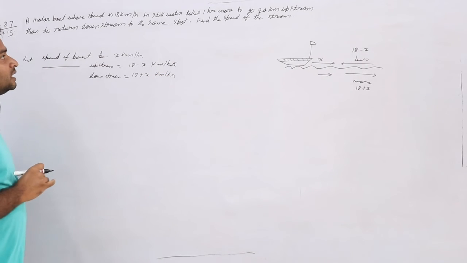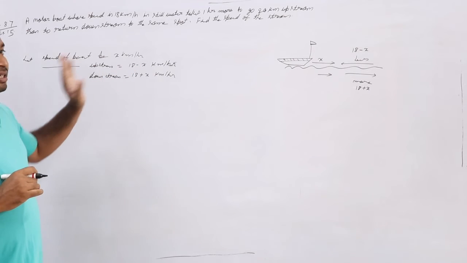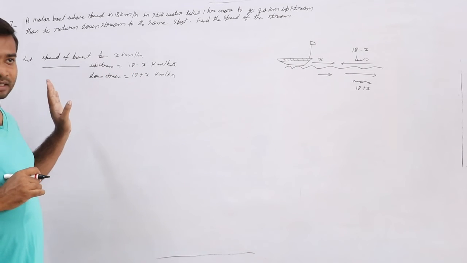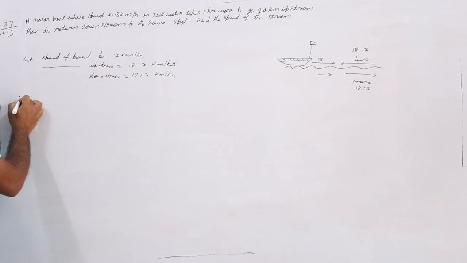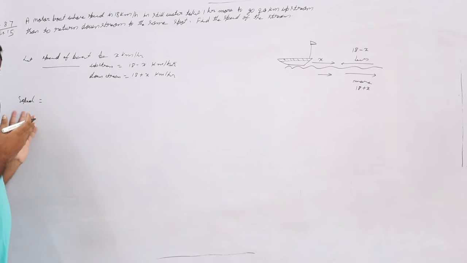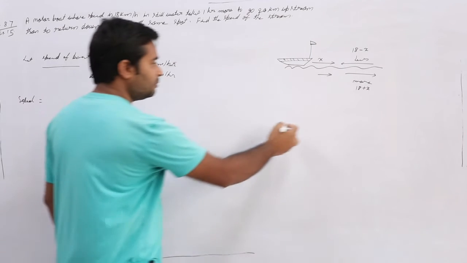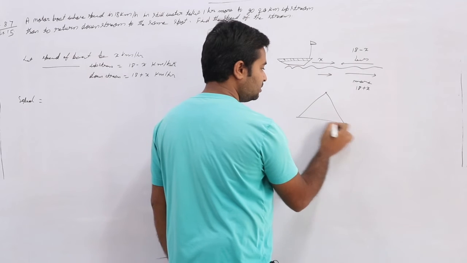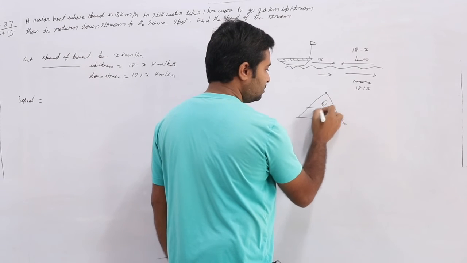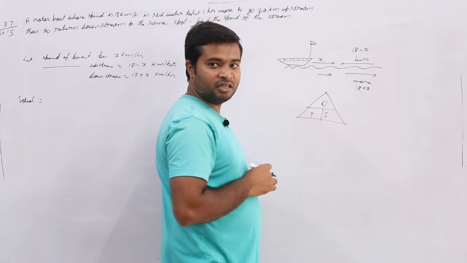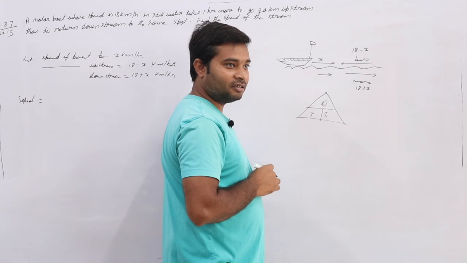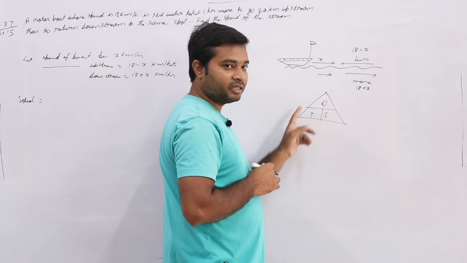Now we should find the speed in upstream and speed in downstream. And I told you to remember this table: Bajaj Pulsar DTS, distance time speed.